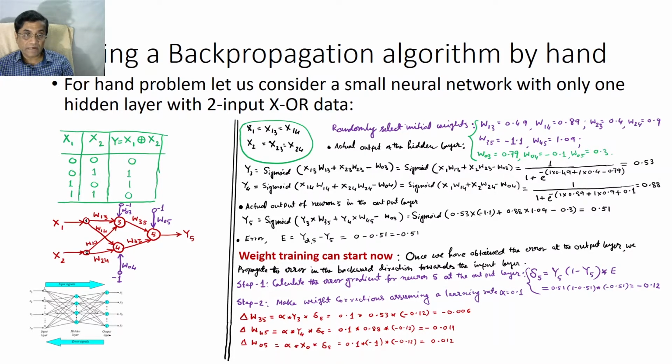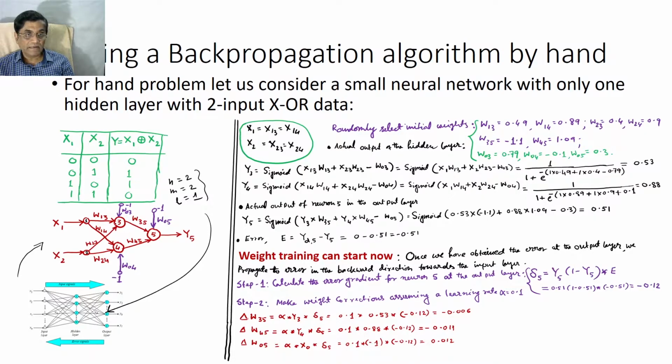In the output layer there are l neurons, l equals 1. So n equals 2, m equals 2, l equals 1 in our generalized network gives me this network.